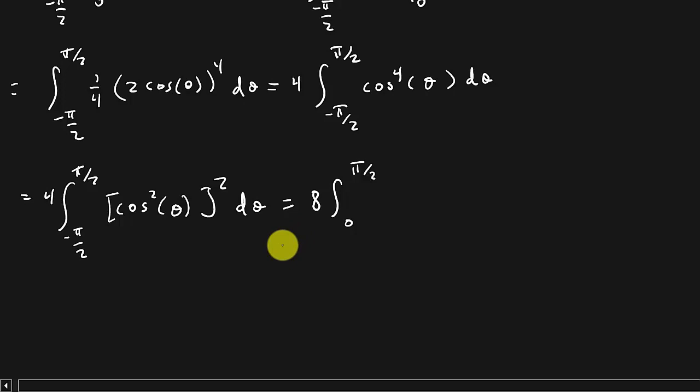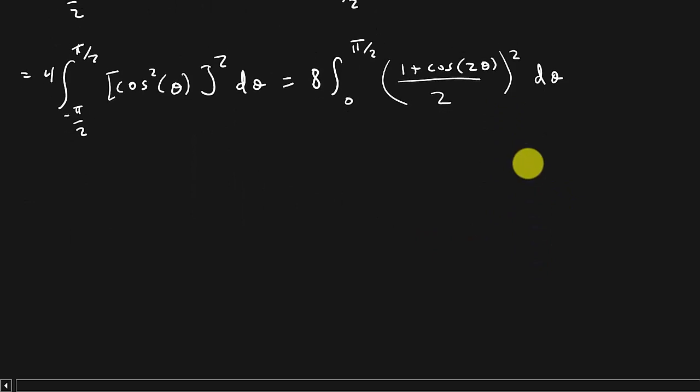All right. And then this is going to be 1 plus cosine 2 theta over 2, all of that squared d theta. So you can see we're having to do a lot of rewriting in this one. That's the 1/2 times that, I just put the 2 underneath. Same thing.